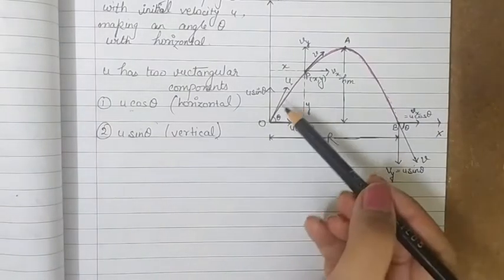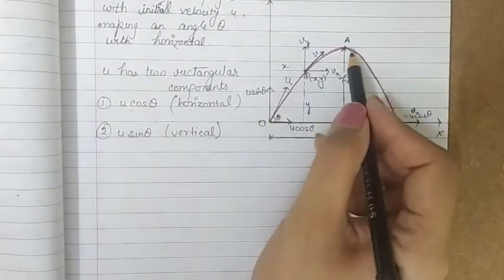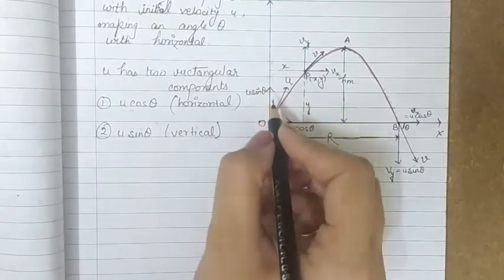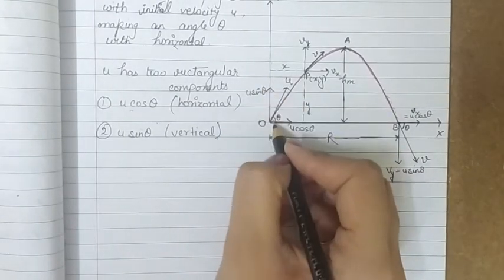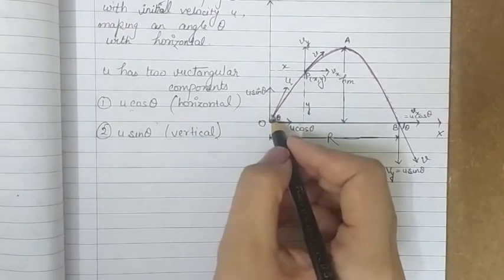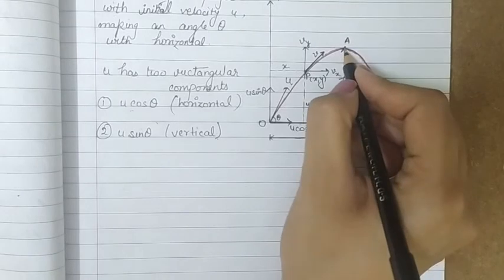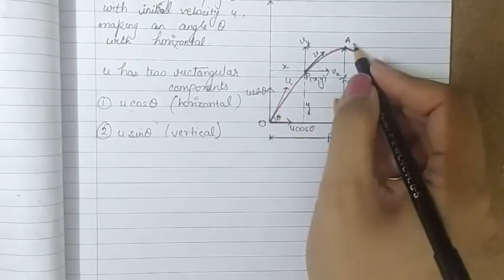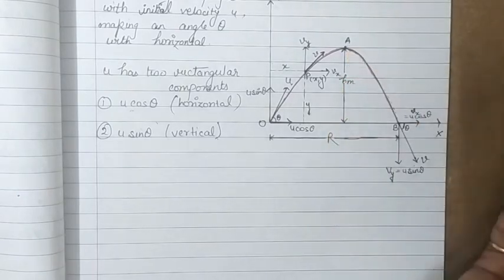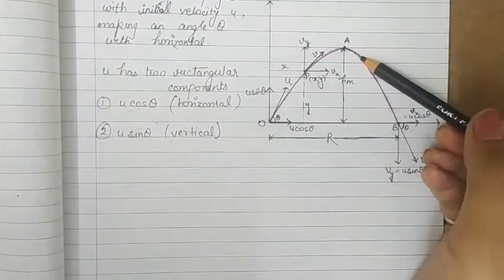The component u sin theta first decreases as the body is moving upwards, which is against the gravity, till the point it becomes 0 at maximum height. The point at which this u sin theta component becomes 0 is the maximum height attained by the projectile during its motion.